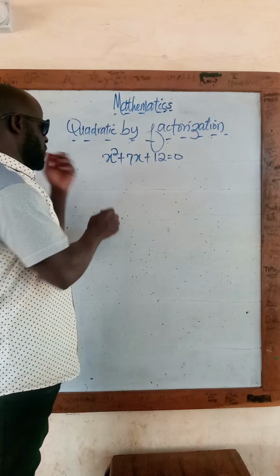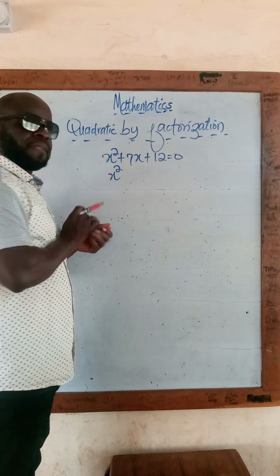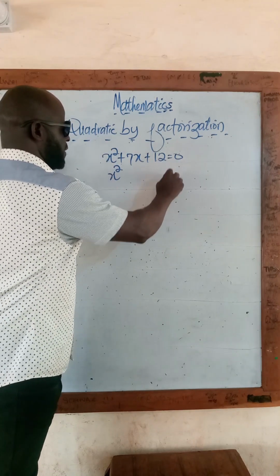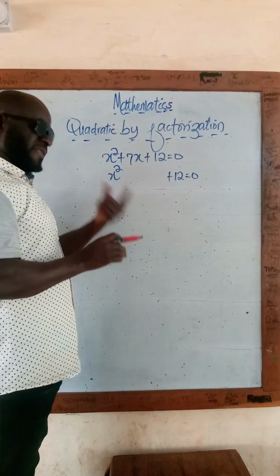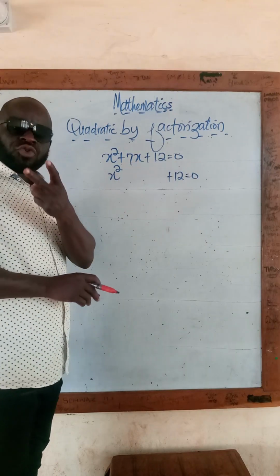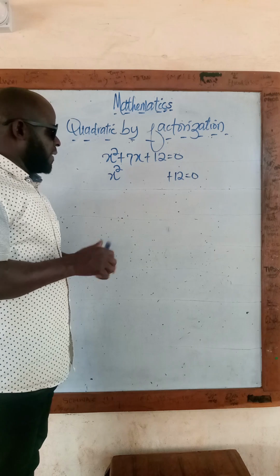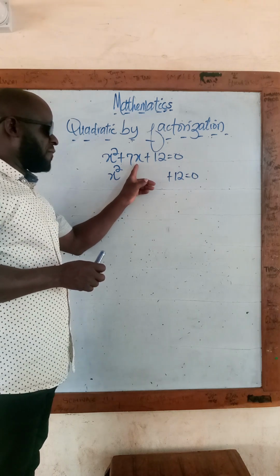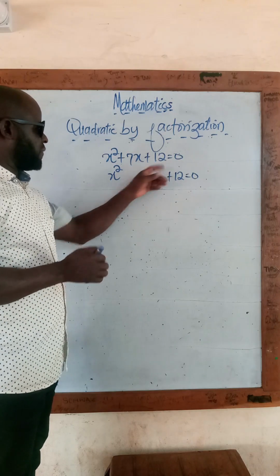So here you maintain the first term, which is x squared, maintain the last term, which is the constant, and then split the middle term into two. How do you do that? You ask for two numbers that if you add, you have 7, and if you multiply the same two numbers, you have 12.